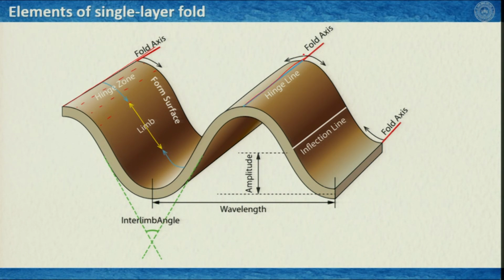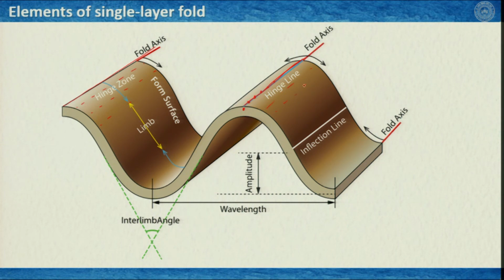Something to note here: hinge line is a material line, and what is a hinge line? If you have a hinge point and you connect the successive hinge points, then you generate a line, and this line is the hinge line. The hinge line is in most cases parallel to the fold axis, but not necessarily is the fold axis the hinge line.